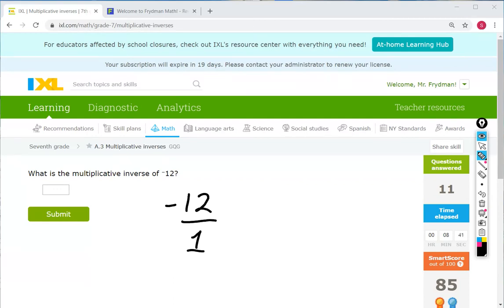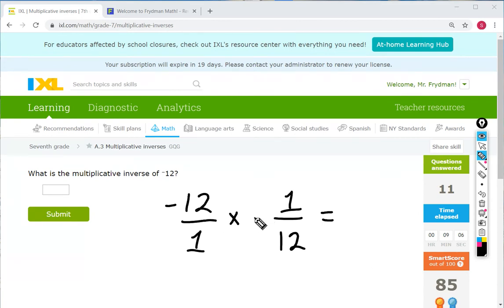And the reciprocal would be negative, well, forget about the negative for a second. Taking the reciprocal of 12 over 1 would just be 1 over 12. Now the question is, we know that we want the answer to be equal to 1, right?